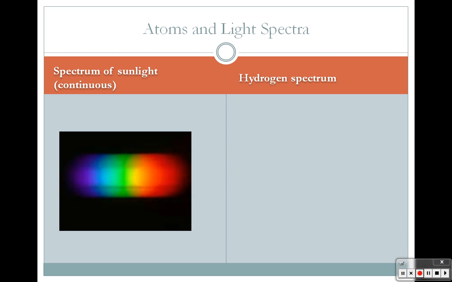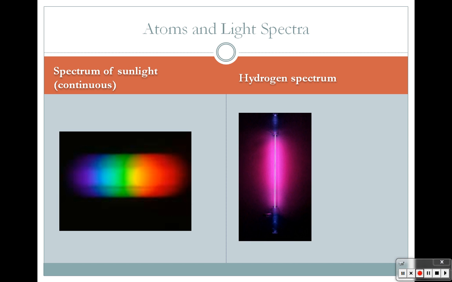However, some of you who took physical science know that elements don't give off white light. So this is hydrogen light. It's hydrogen gas being electrified, and we're going to see some of these in class, and they give off purple light. Hydrogen gives off this kind of purplish pink light.